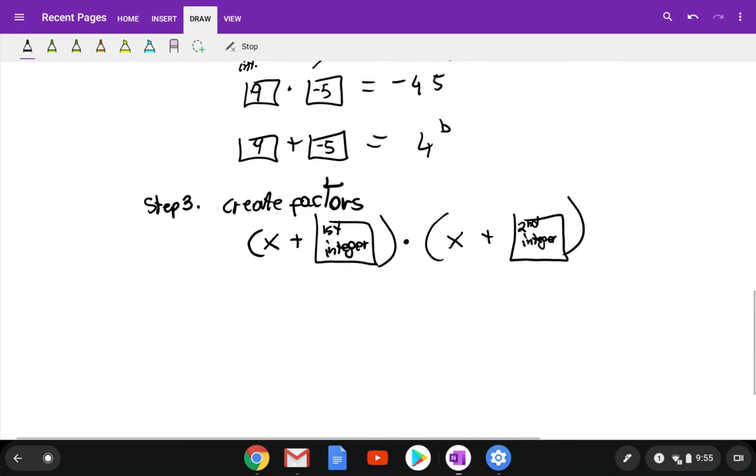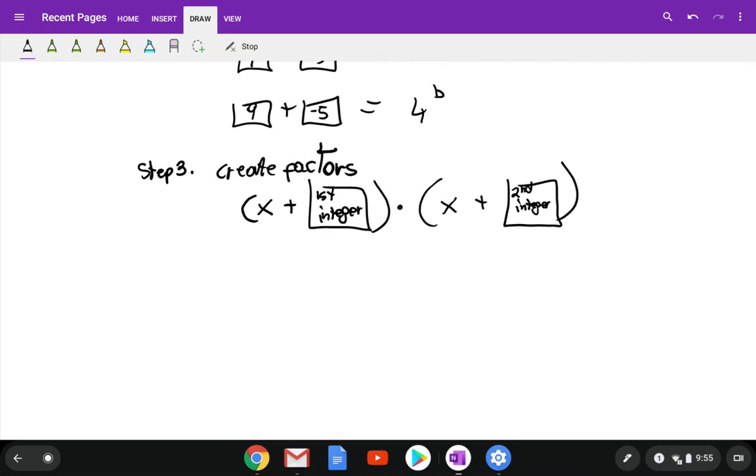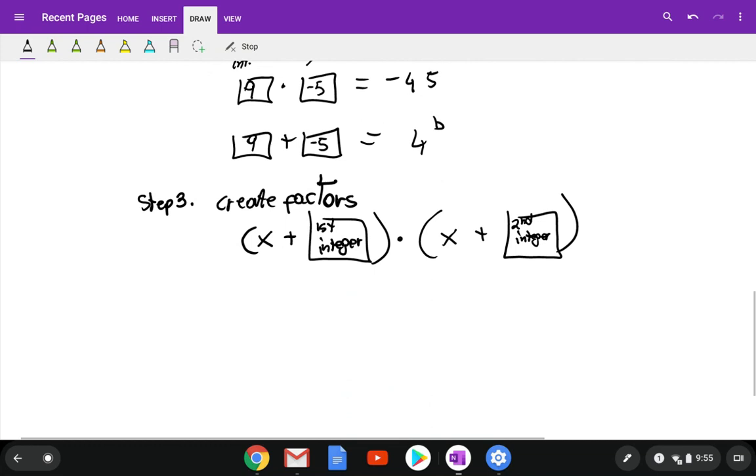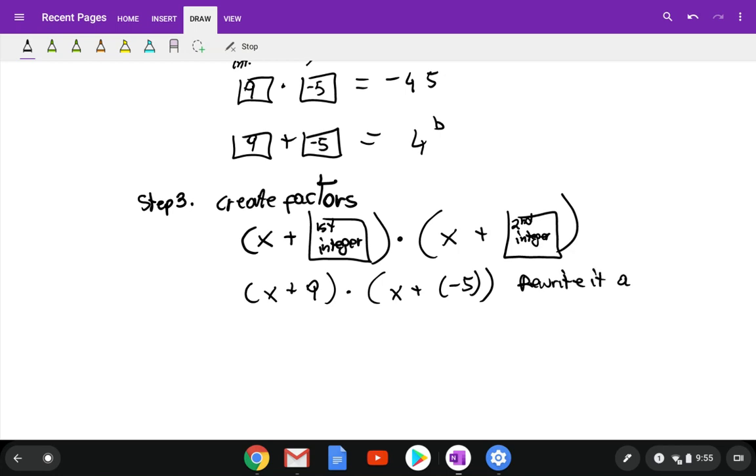In our case, we have x plus 9, because that was the first integer, times x plus negative 5. Let's rewrite that as x plus 9 times x minus 5, because plus negative 5 means just subtract 5.